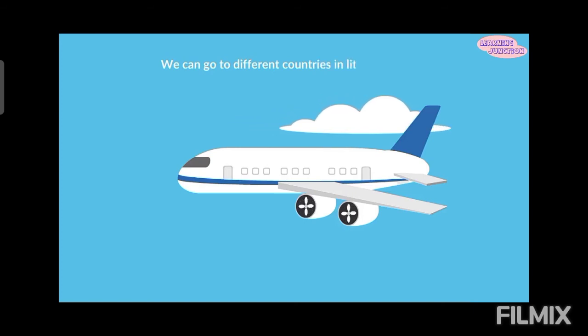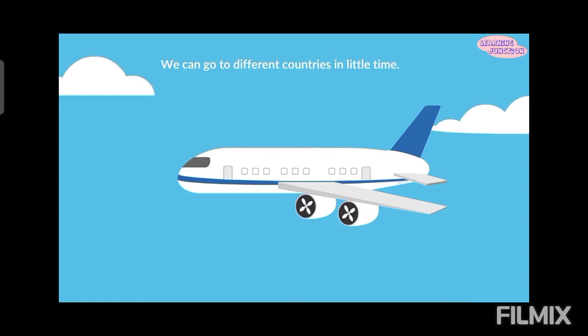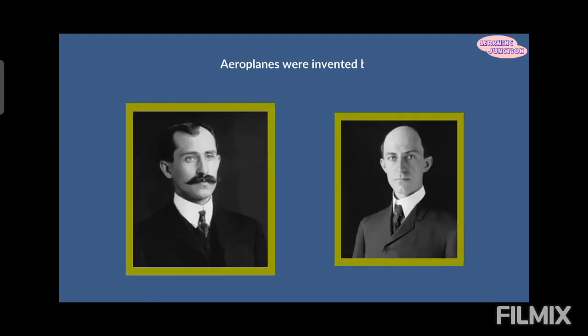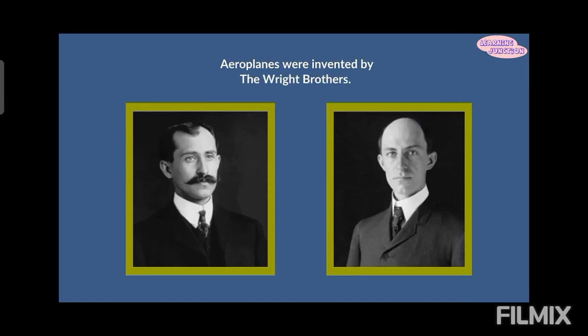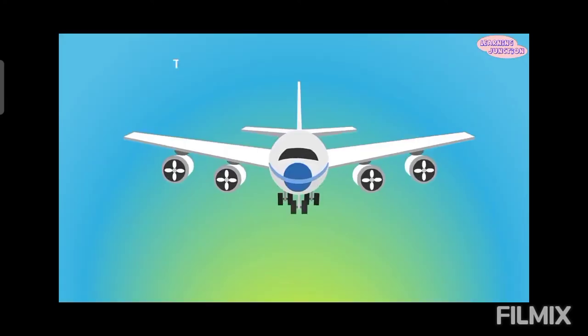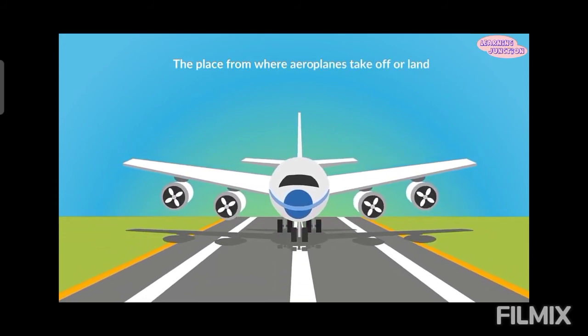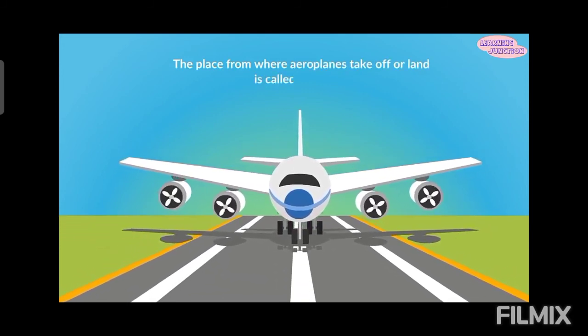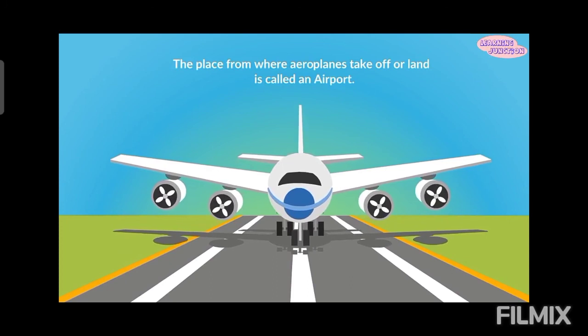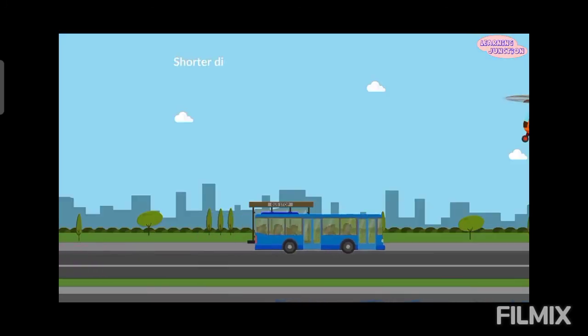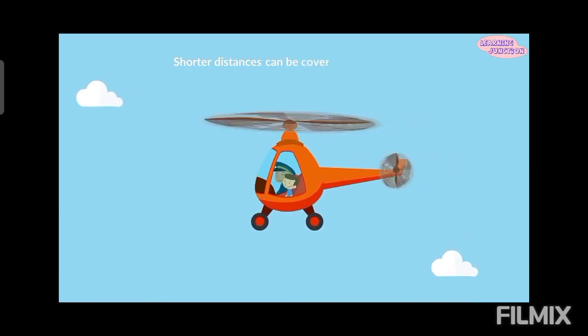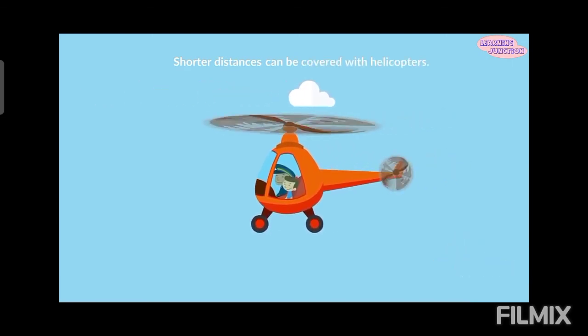We can go to different countries in a little time. Aeroplanes were invented by the Wright Brothers, and the place from which aeroplanes take off and land is known as an airport.